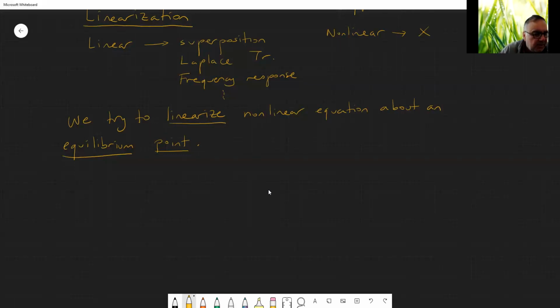What we are doing in effect is the following, actually. If you have a nonlinear equation of this kind, something like this, we try to pass a straight line through it about this origin point, let's say. This is the nonlinear equation, whereas this is the approximate linear equation, as you see.